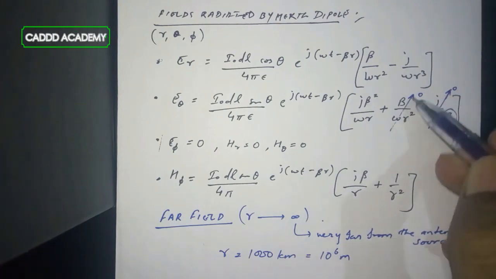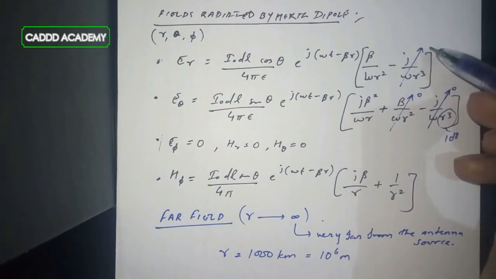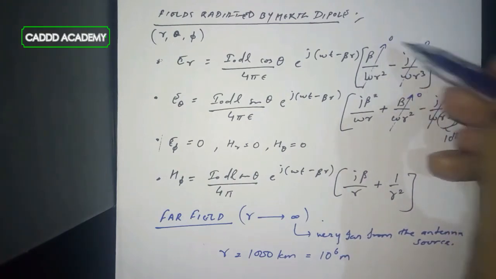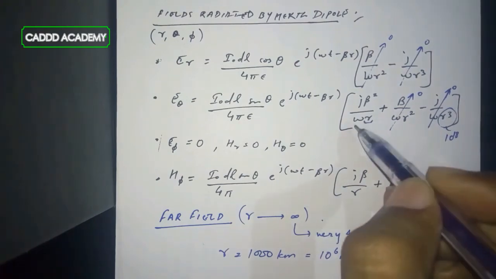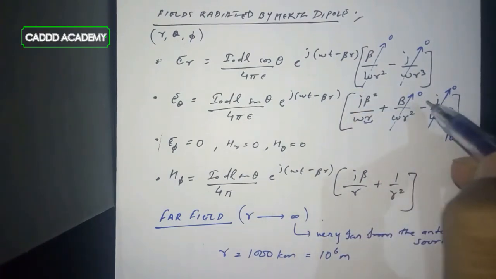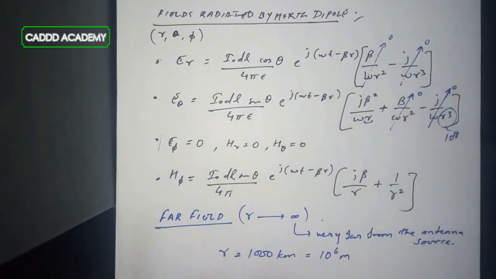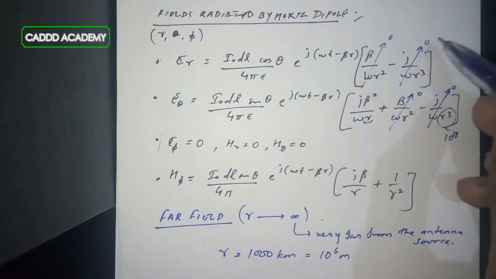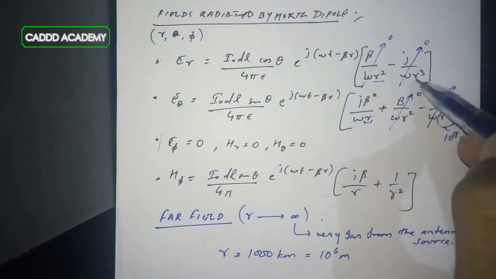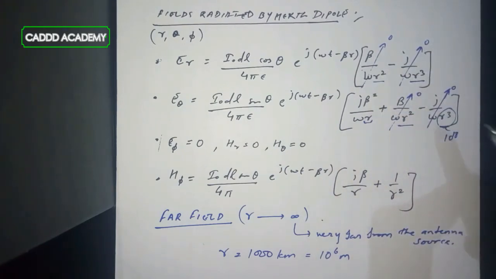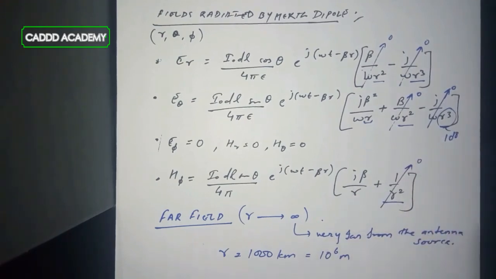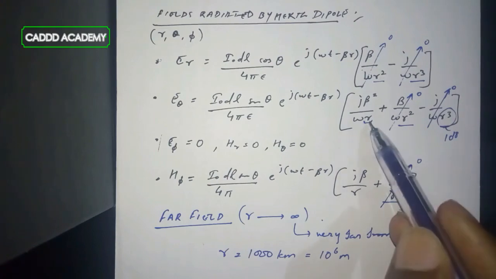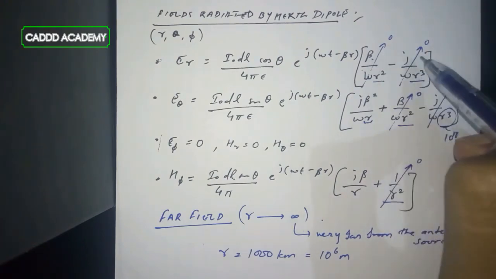The term with r we will not neglect. It will have some value, but the r square and r cube terms will be very small compared to it, so they are approximated to 0.